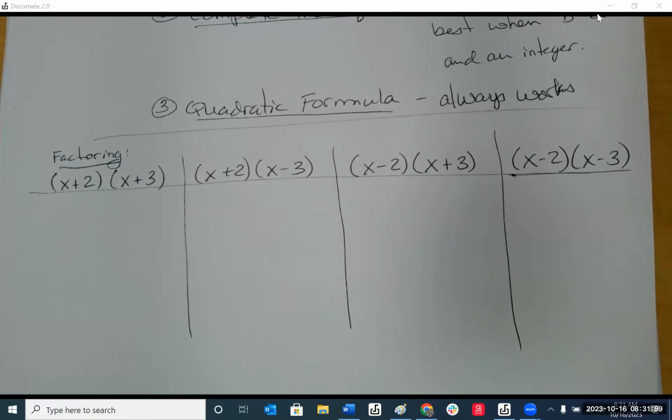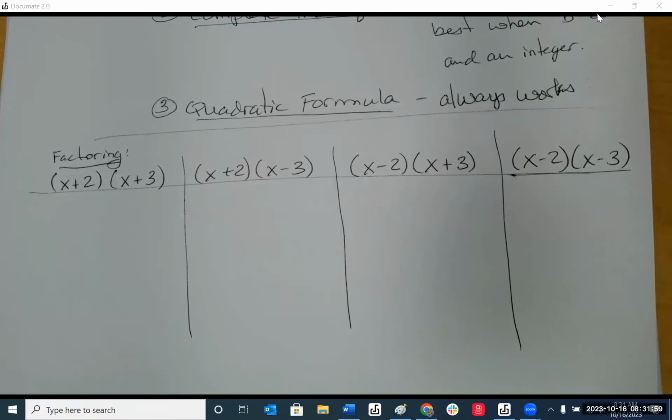Let's do the other 3. X times x is x squared. Positive times negative is negative. X times 3 is 3x. That does it for the x. Positive times positive is positive. 2 times x is 2x.